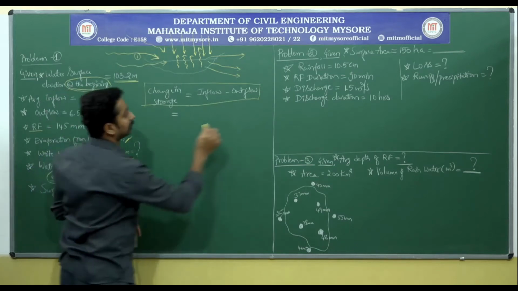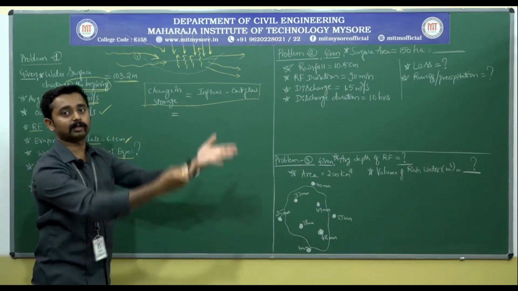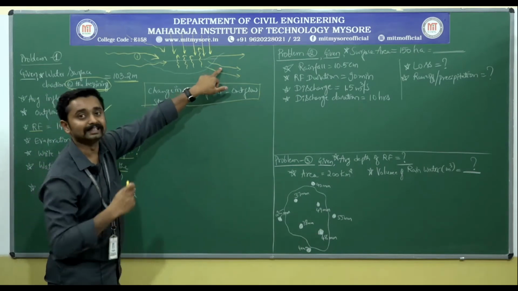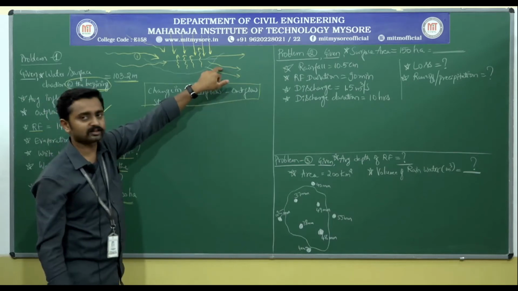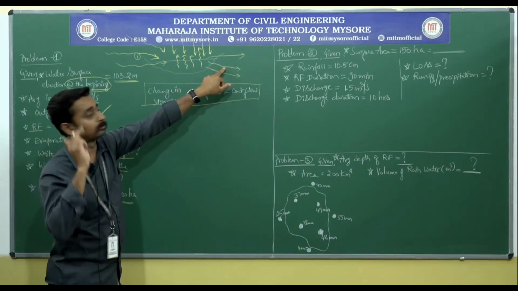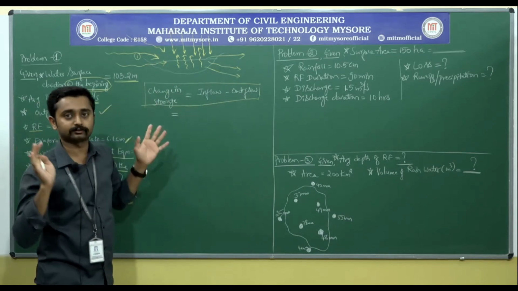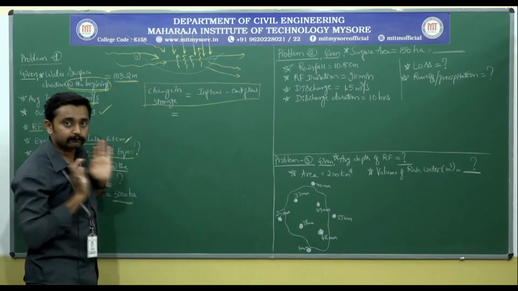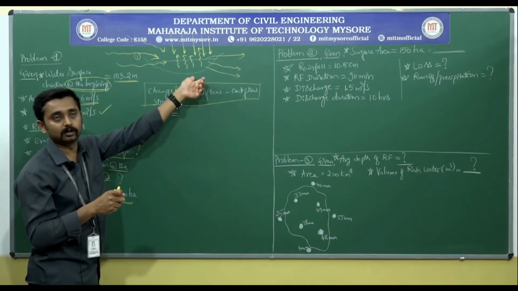Similarly, what are the outflows from the lake? One is discharge, or simply we can say outflow, and also there is one more thing, evaporation, out of the system. Inflow is coming into the system, here the system is the lake.